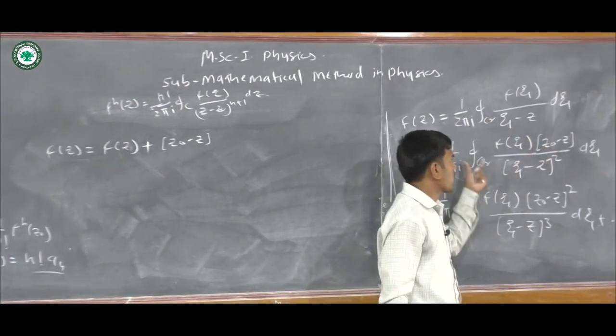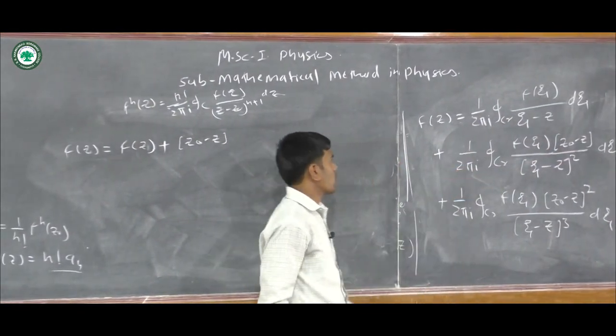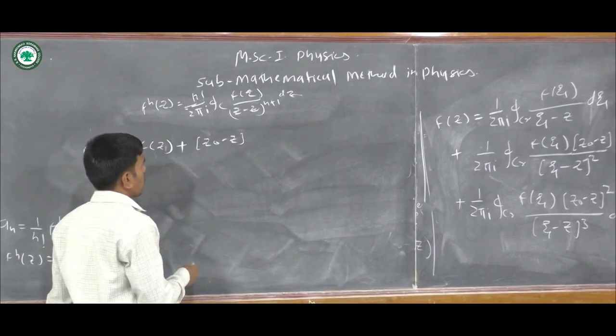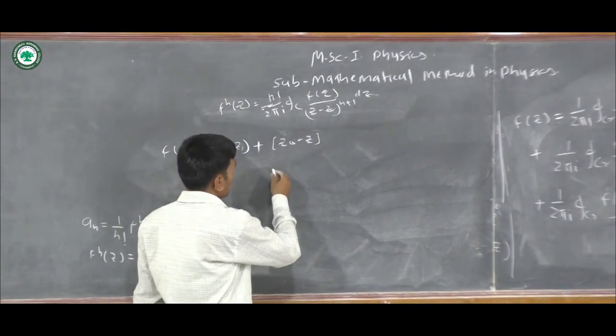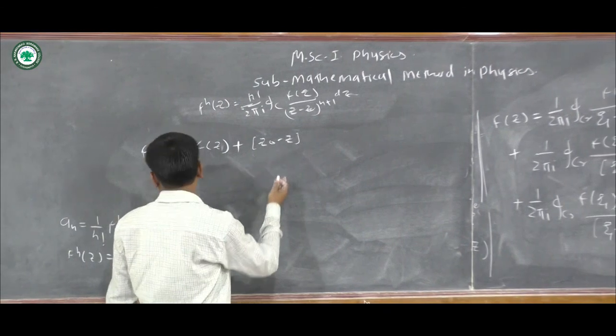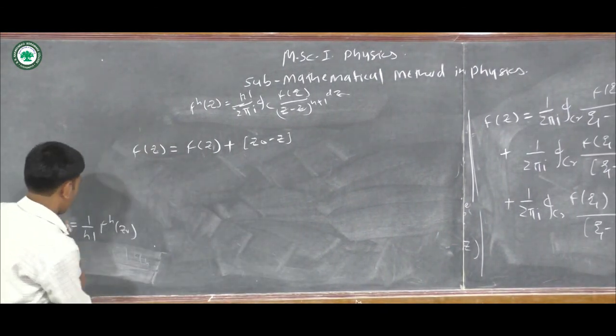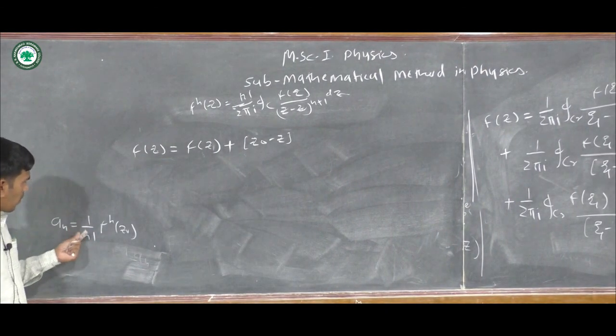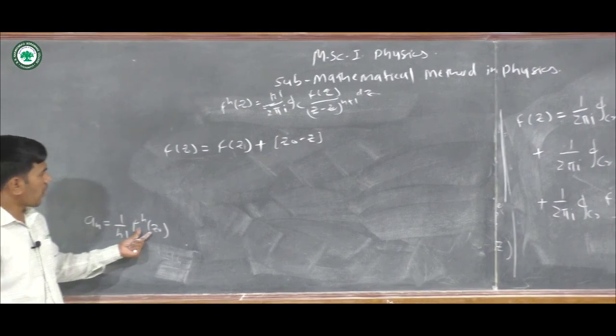Similarly, for the derivative we can write a n divided by n factorial, from here 1 by n factorial f n of z0.